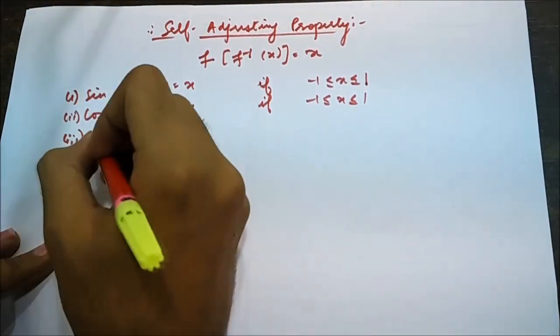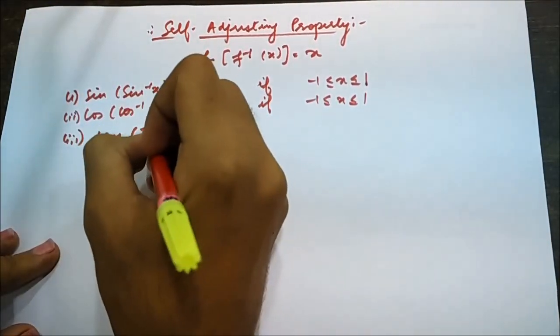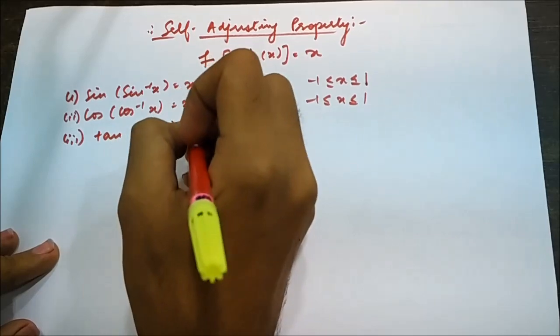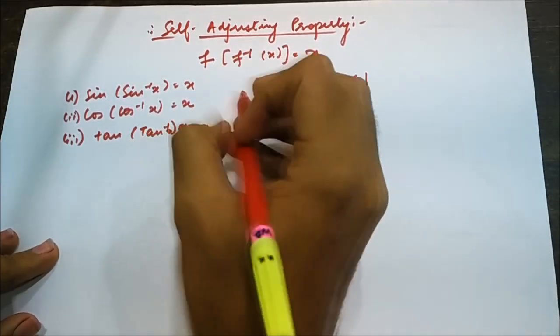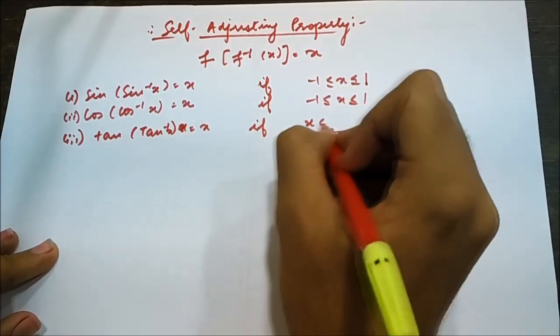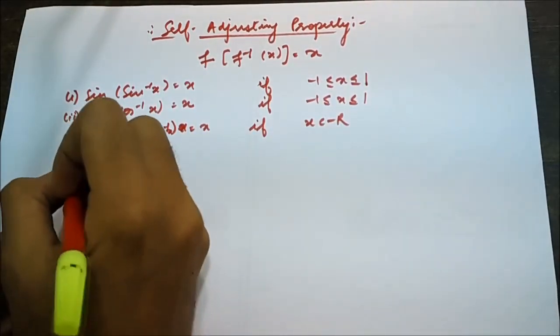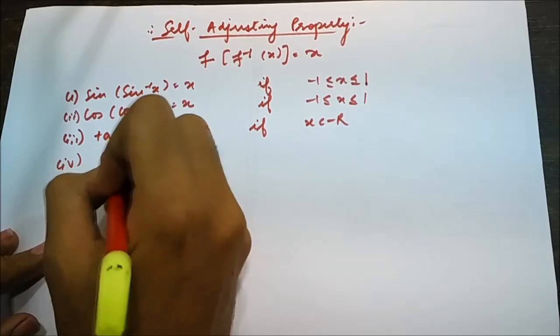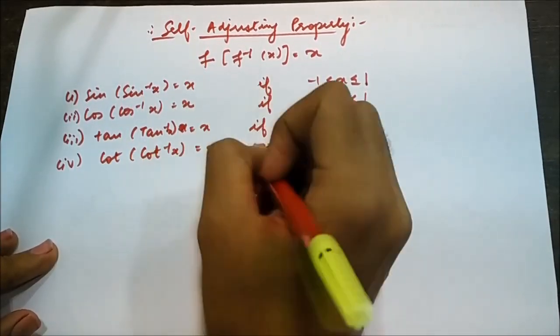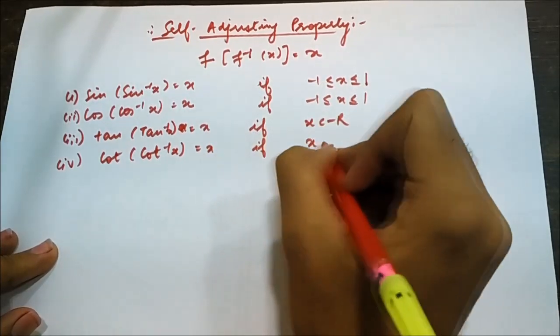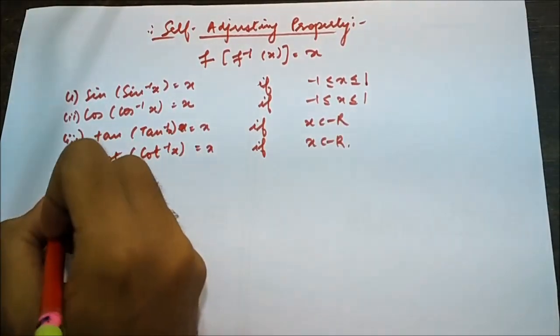Third is tan of tan inverse x is equal to x if x belongs to the real numbers. Fourth, cot of cot inverse x is equal to x if x is a real number.